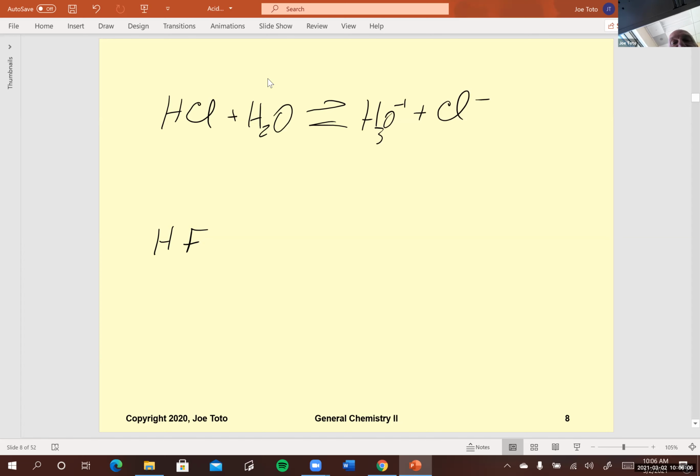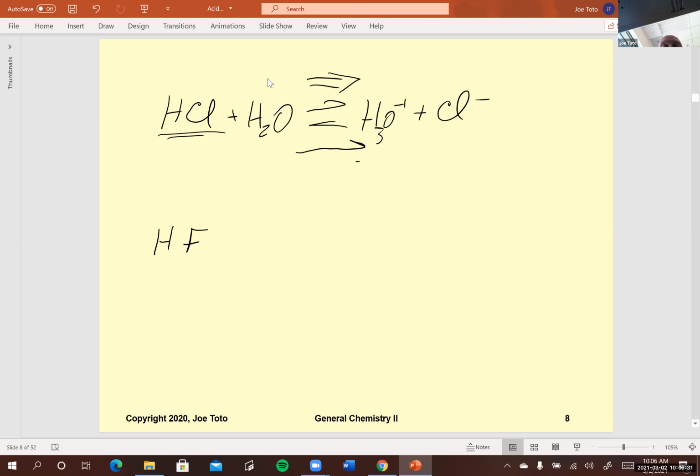I know it's 100% dissociated, and therefore I know this equilibrium lies to the right. And essentially, there's no HCl left. Okay, so another way to write that would say, okay, this arrow going this way is huge, and the one going back to the left is so microscopic you can't see it.